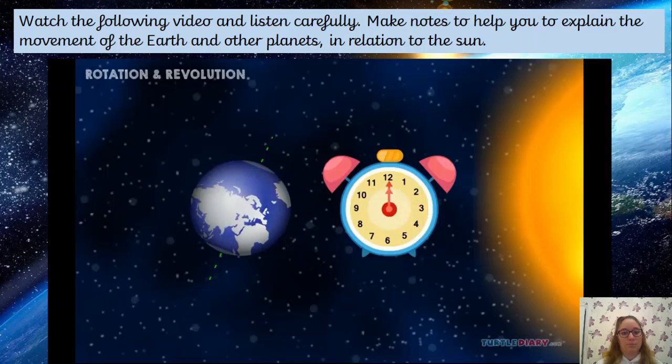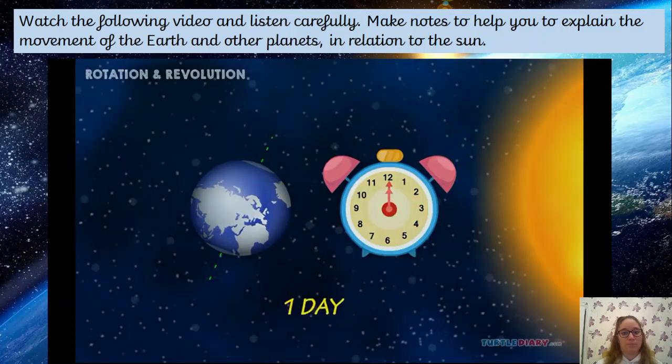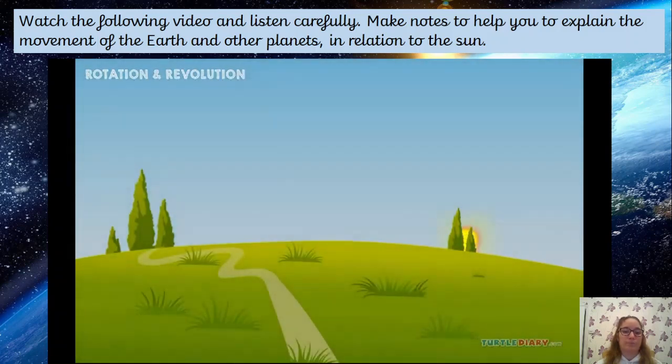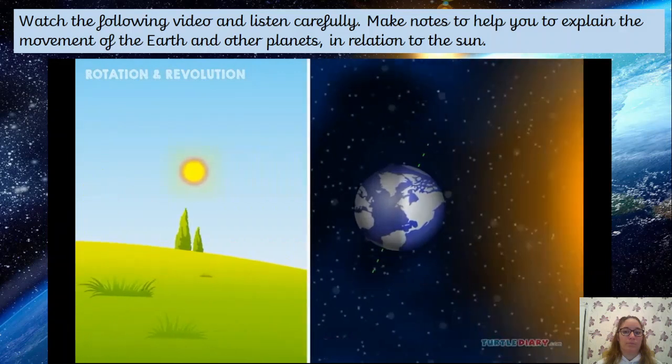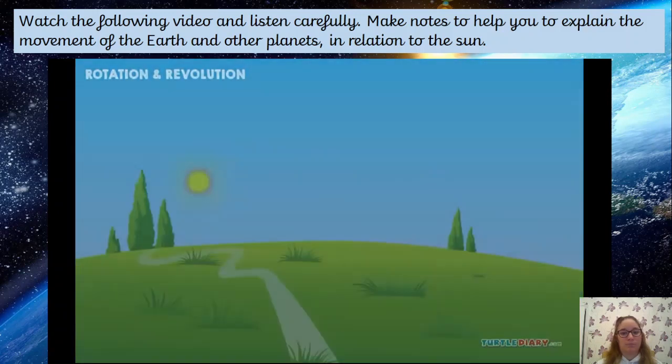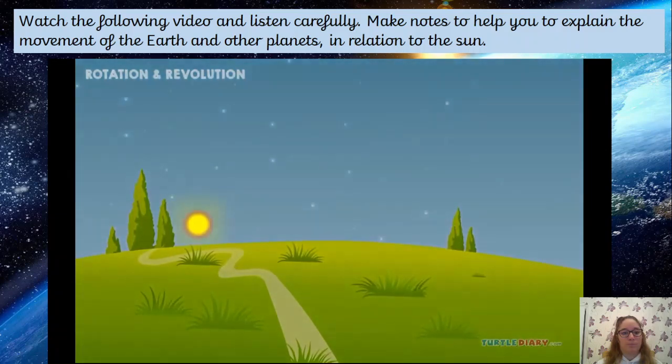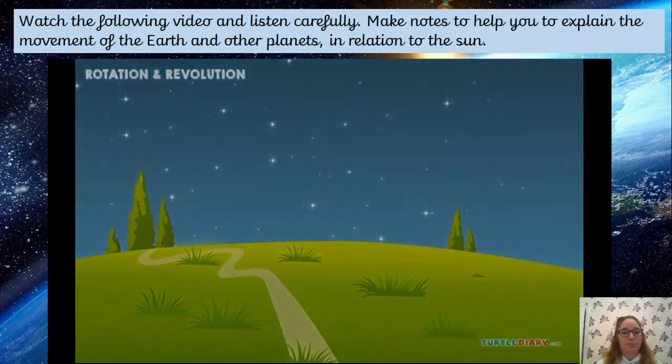We call this 1 day. In the morning, the sun looks like it's rising in the east. Our side of the Earth is turning towards it. We are coming into the sun's light. In the evening, it looks like the sun is setting in the west.